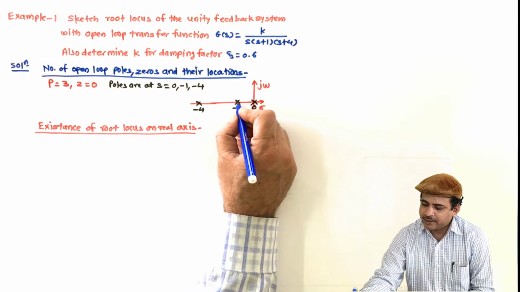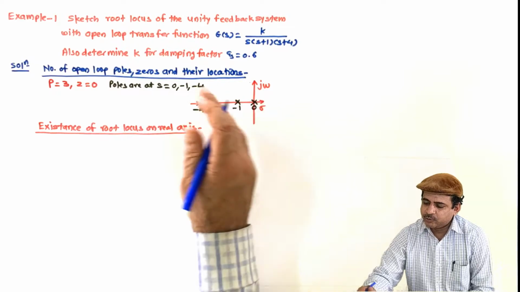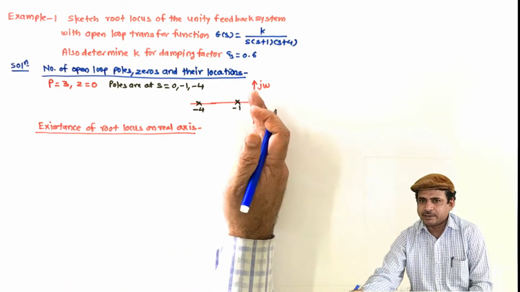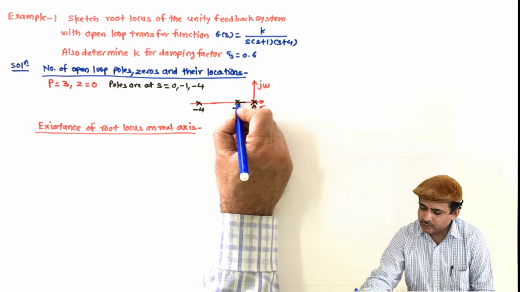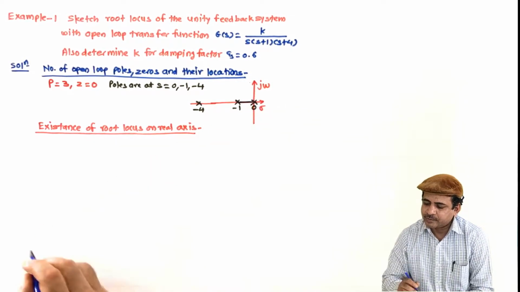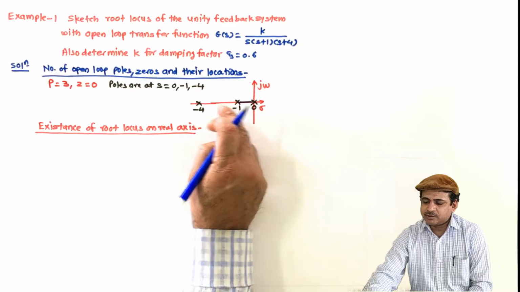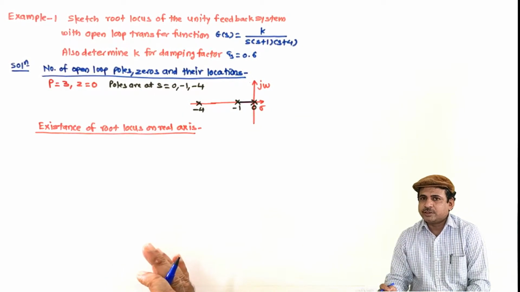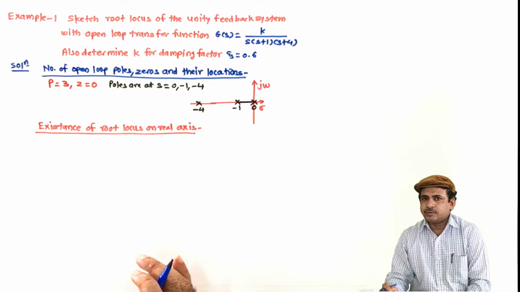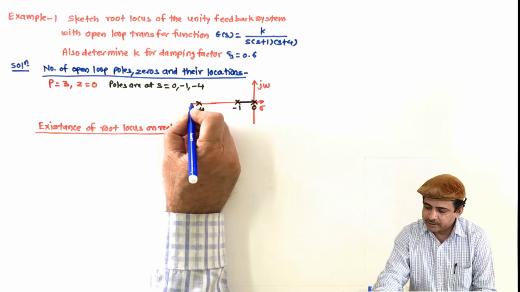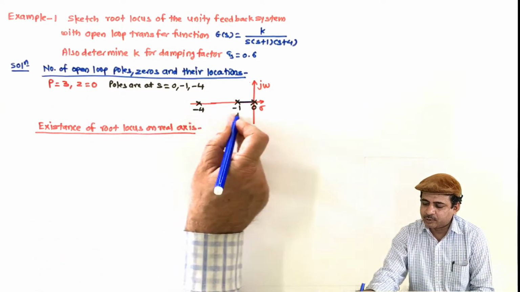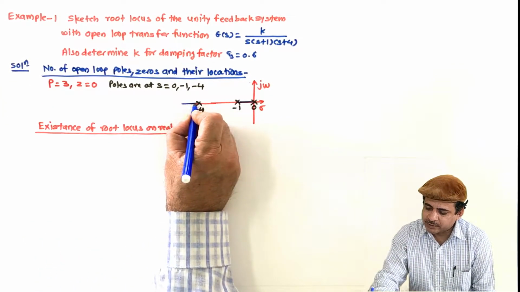Now between 0 and minus 1, at any point if you look towards right, the number of poles plus zeros on the right is 1, that is odd. So here the root locus exists. Then from minus 1 to minus 4, the number of poles towards right is 2, that is even. So root locus does not exist. And from minus 4 to minus infinity, again the number of poles is 3, so root locus exists.